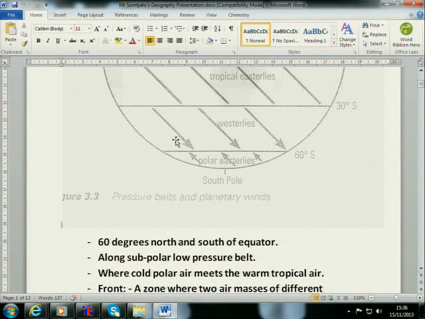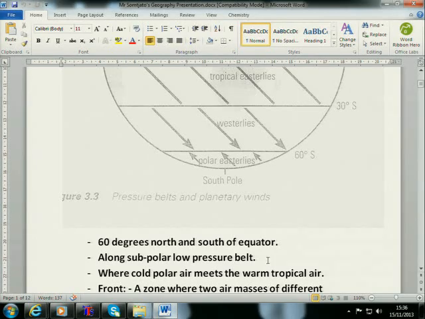Now, let us clarify this. The place of origin of the mid-latitude cyclone is at 60 degrees north and south. It is along the subpolar low pressure belt. It is where the cold polar air meets with the warm tropical air.